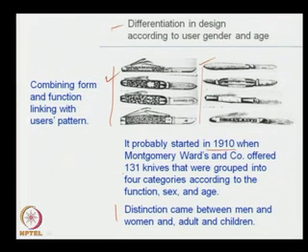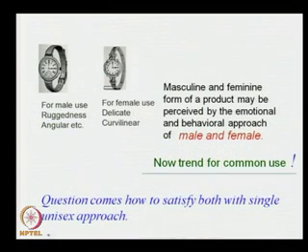But it is not always true, because now people like unisex products. Another example: this watch and this watch, if we see, it simply says that it is male type and it is female type.